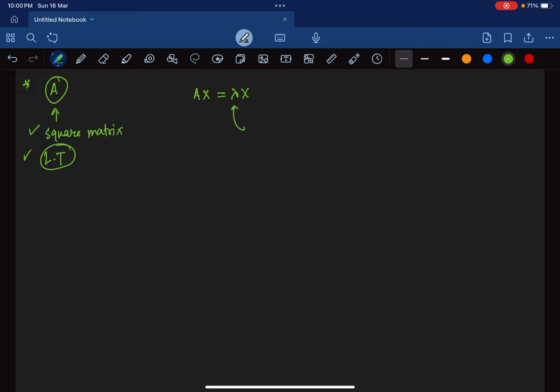But now, if A is a square matrix with its corresponding linear transformation, and you apply it on some vector x, and the vector is stretched or contracted by the factor lambda, then this lambda is known as an eigenvalue of the matrix A, and the corresponding vector is known as the eigenvector corresponding to that particular eigenvalue.